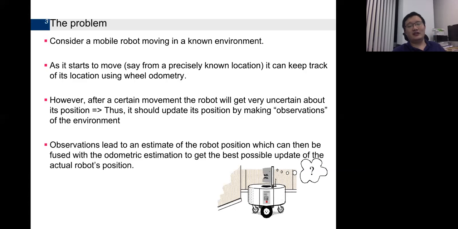A robot moving in a map accumulates errors with the odometer, and then some observations will help you to have optimal estimation. That's what happens in this localization process.